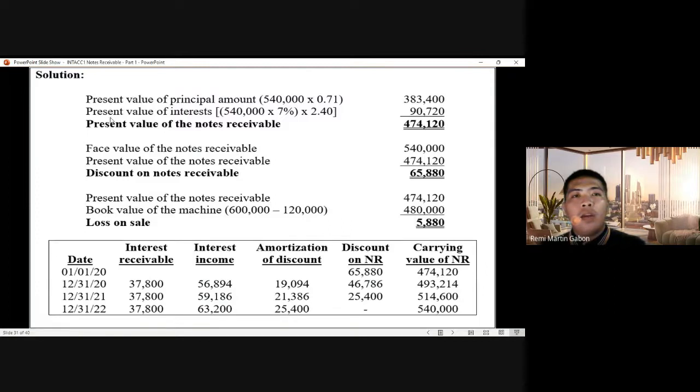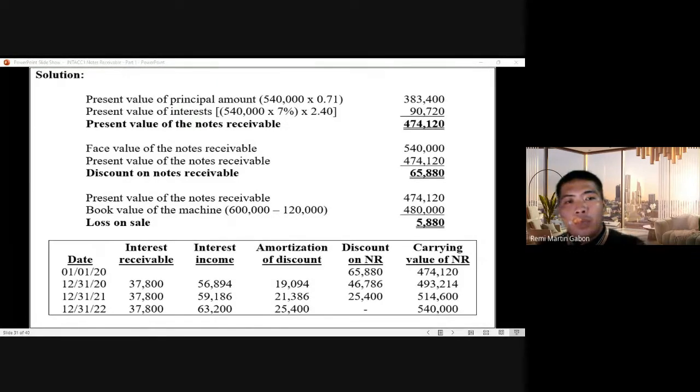Then present value of the interest, 540,000 times 7% times 2.40. So the total present value is 474,120.